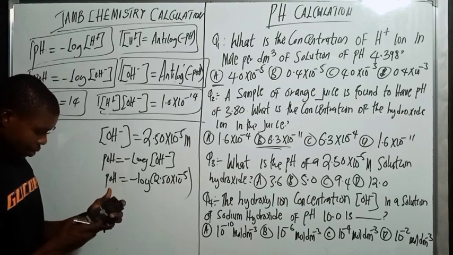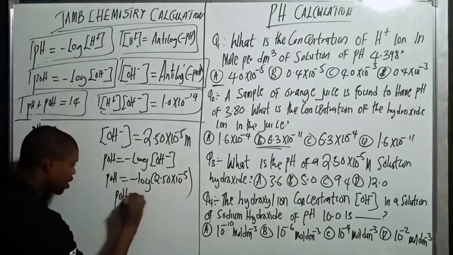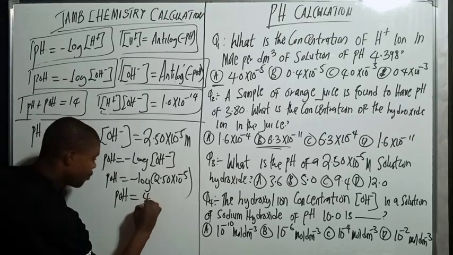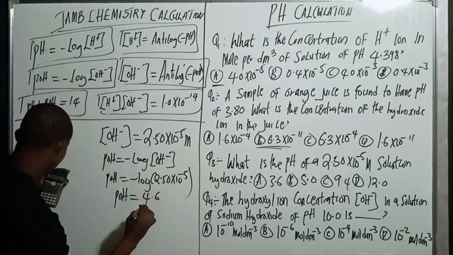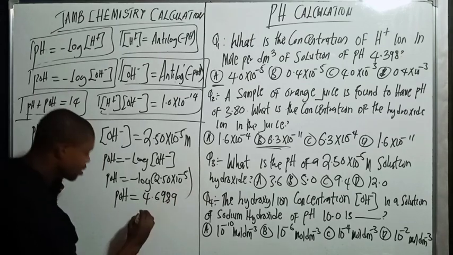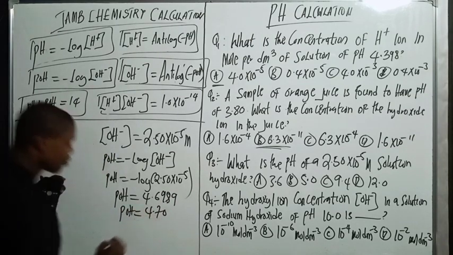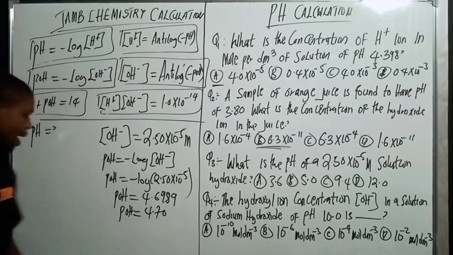So my pOH here is 4.6989, approximately 4.70, right? My pOH is now 4.70.